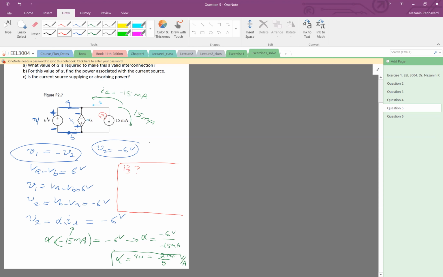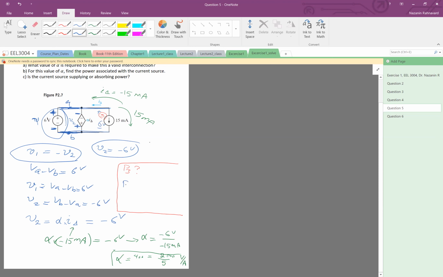We can just assume some reference voltage and current directions. But the way that I would do it, I would just look at this. This was 6 volts, so this is also 6 volts.